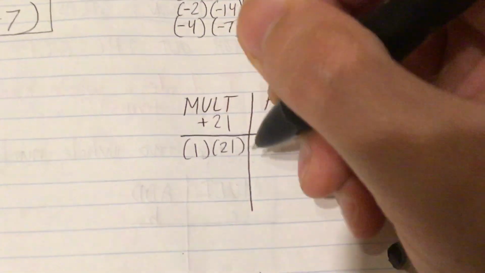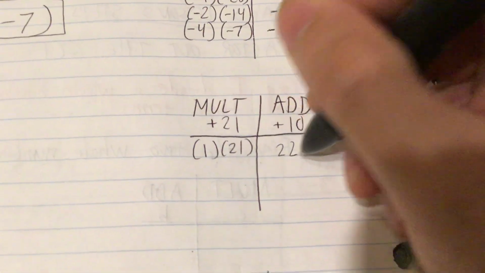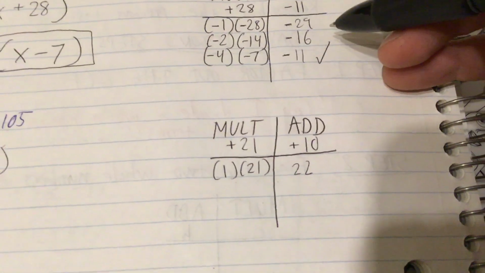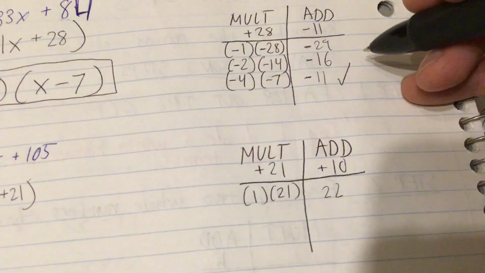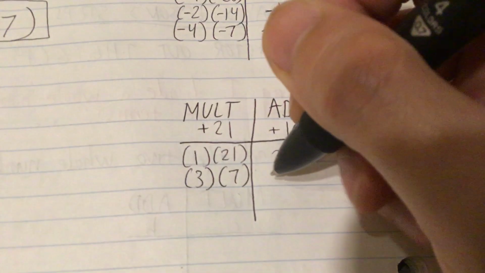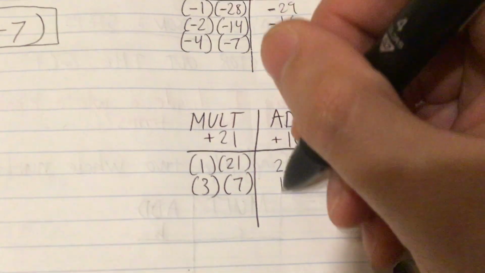So let's start with 1 and 21. 1 times 21 is 21, but 1 plus 21 is 22. Divided by 2, because it's an odd number, will give us a decimal, so we don't count it. Let's try divide by 3. Yeah, positive 3 times positive 7 is 21. Positive 3 plus 7 is going to be 10, so we have a winner.